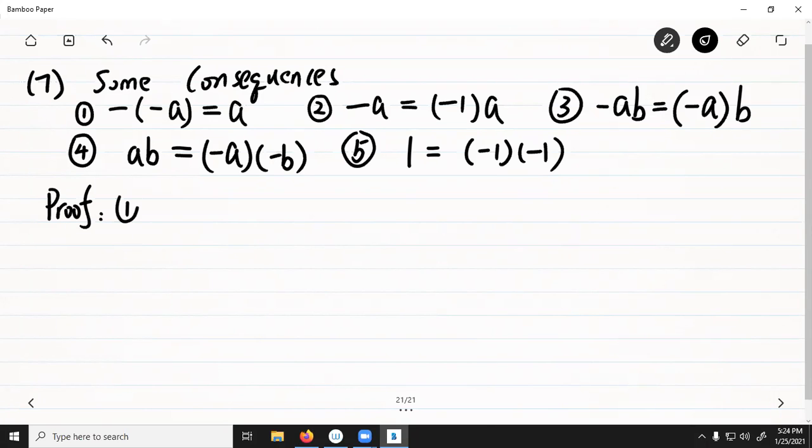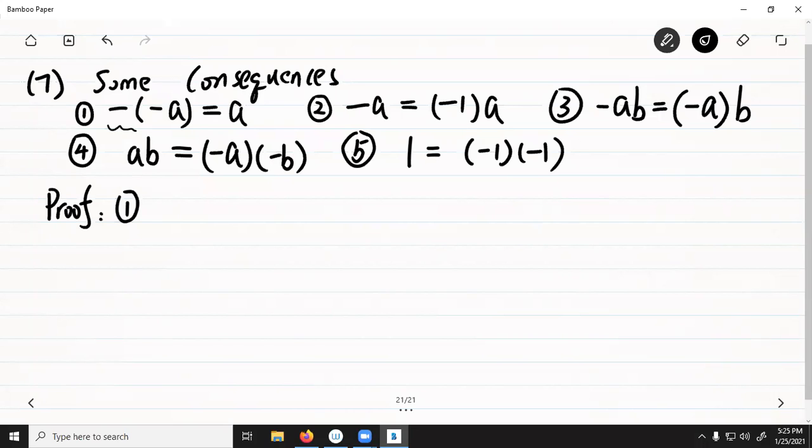So the first one. Negative of negative A equals A. We know that if we add a negative in front of some letter, that means this one must be the additive inverse of that letter, right? So now you can see this one, we add a negative in front of this negative A. We can treat negative A as a single letter, okay?